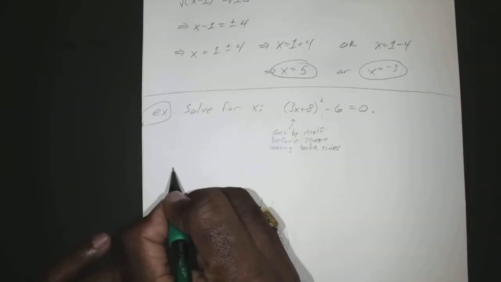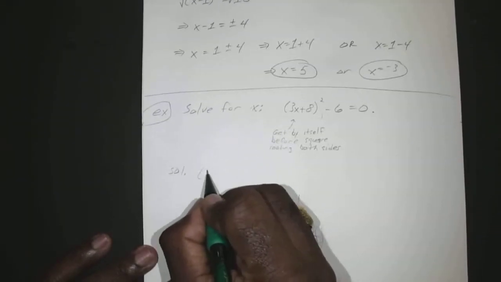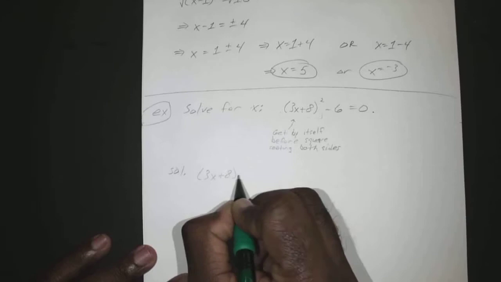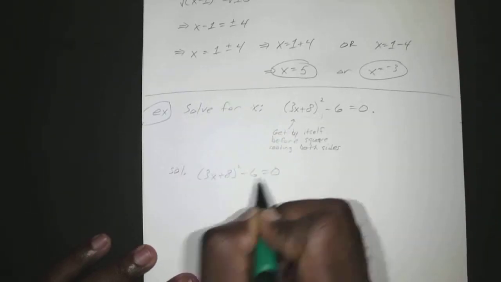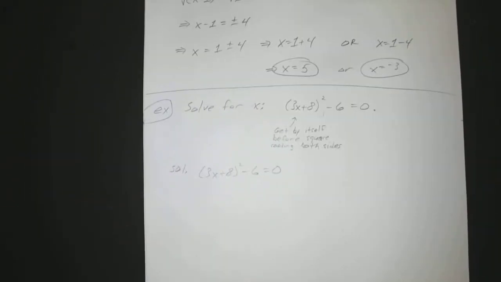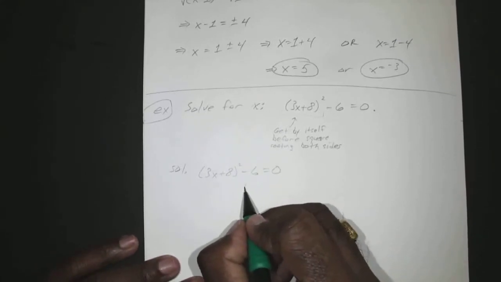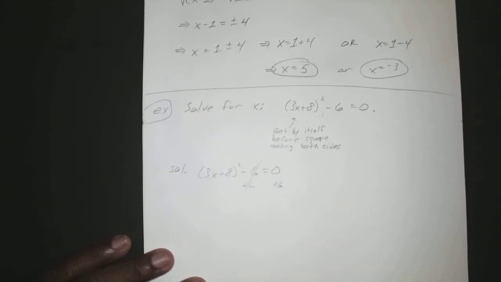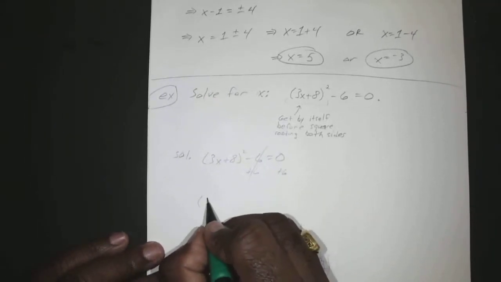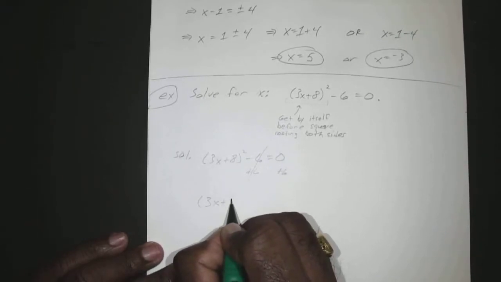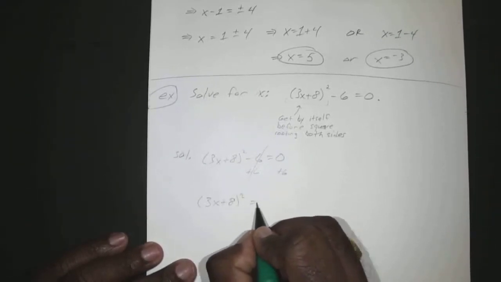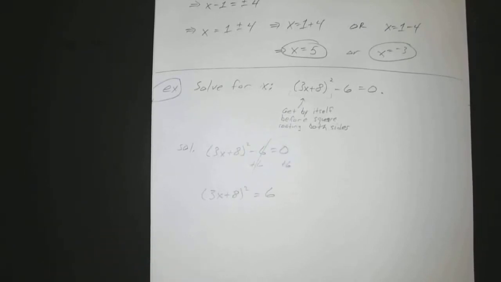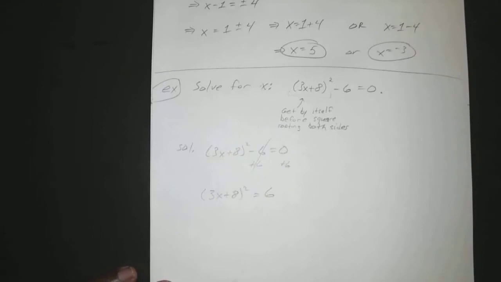If we have 3x plus 8 squared minus 6 equals 0, we just have to add 6 to both sides. These two cancel each other out. So we're left with 3x plus 8 squared equals 6. Now that we have this isolated, we can square root both sides.